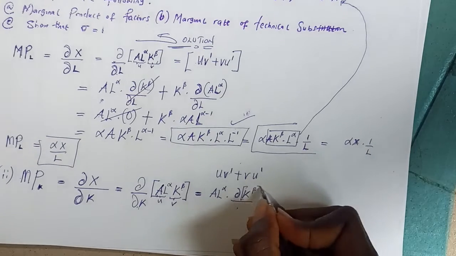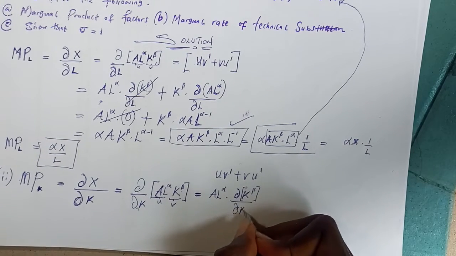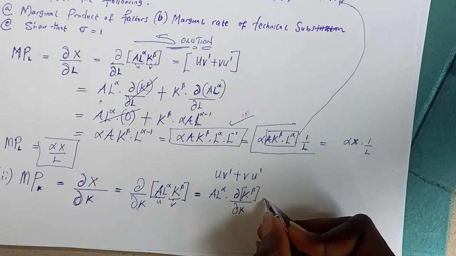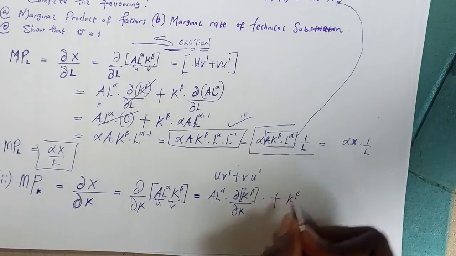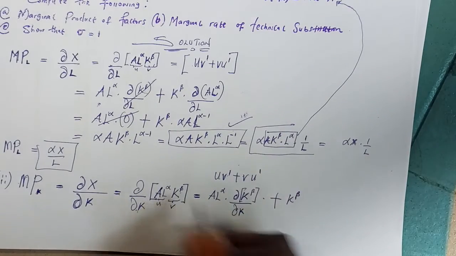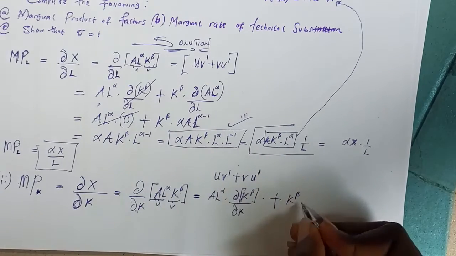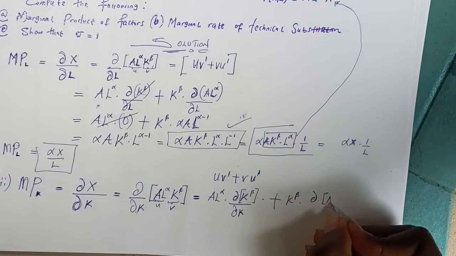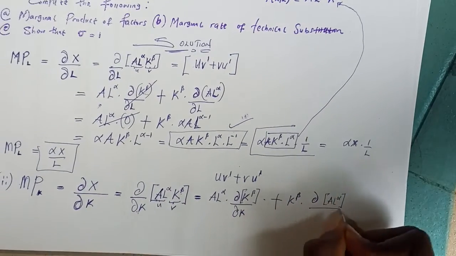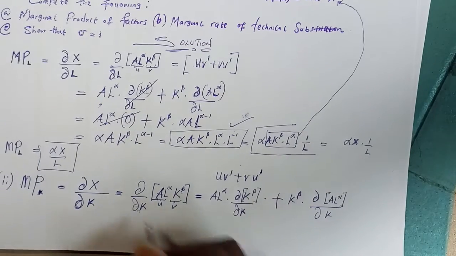Okay, so partially with respect to K. So that's what I have for that case. Then plus my v, which is K raised to the power of beta, and then u' simply implies differentiate u, that is differentiate A L raised to the power of alpha partially with respect to K from the question.